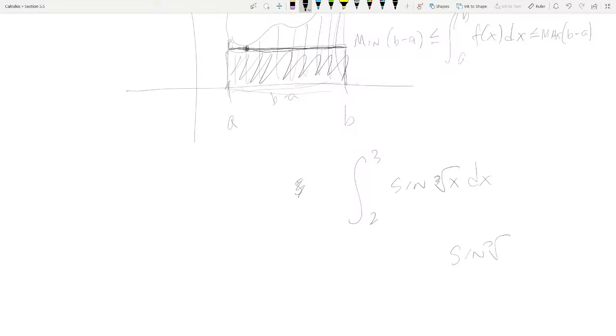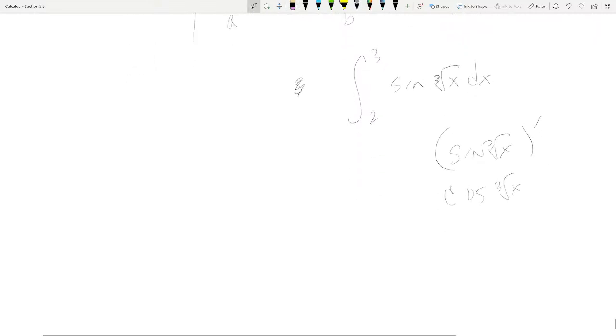So the derivative of sine cube root of x is cosine of cube root of x, all times the derivative of cube root of x, which is 1/3 x to the negative 2/3.